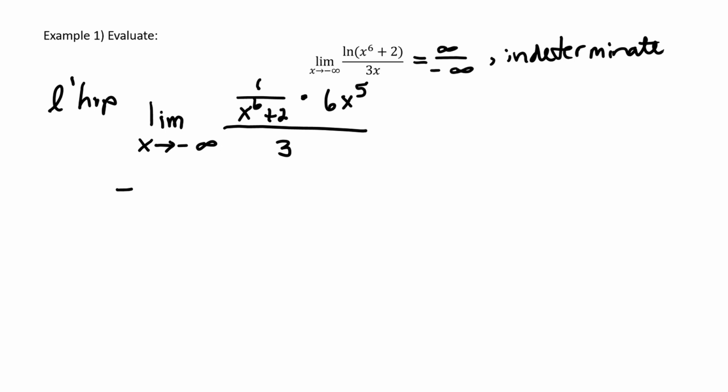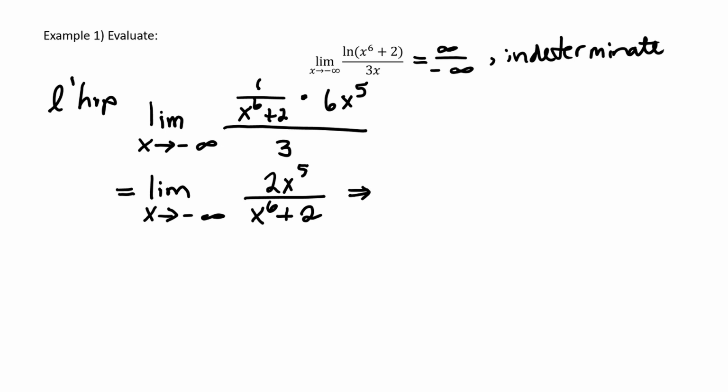Let's simplify that. So let's continue to write the limit as x approaches negative infinity. 6x to the 5th divided by 3 simplifies to 2x to the 5th, and the denominator is still x to the 6th plus 2. Now let's divide by the highest degree present.